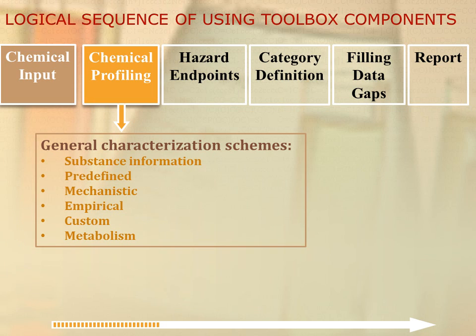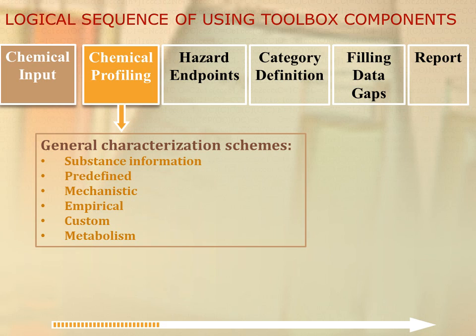What we have here is chemical profiling models where we characterize or quantify different attributes of chemical structure. Substance information may be physical chemical properties. There may be mechanistic properties. You can customize attributes and models that you want to put in this.